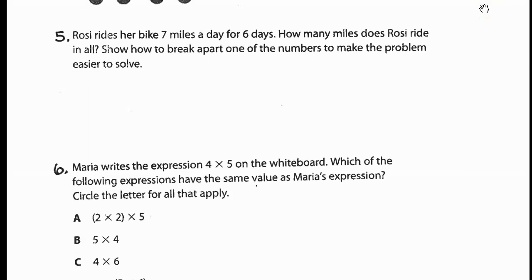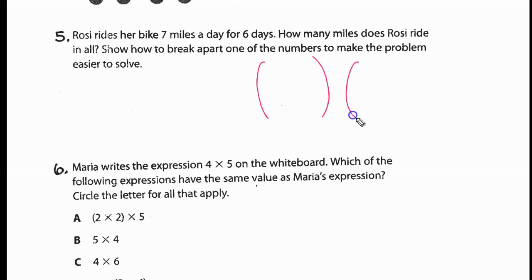Number 5 says Rosie rides her bike 7 miles a day for 6 days. How many miles does Rosie ride in all? Show your work to break apart one of the numbers to make the problem easier. This kind of sounds familiar like number 3 that we just did. So for number 5, we have to set it up.